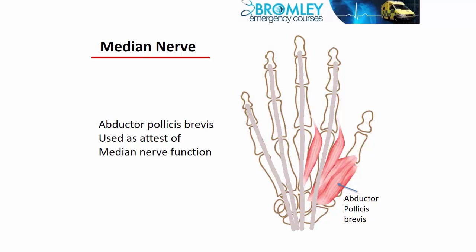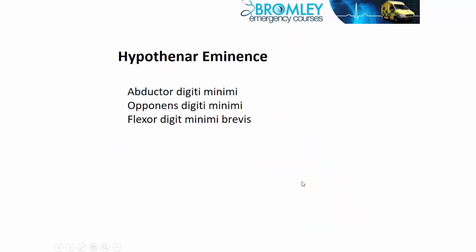When we want to test the median nerve, we put the hand flat on the table and ask the patient to point their thumb up towards the ceiling. In doing so, they're using abductor pollicis brevis, which is median innervated. And when we want to test the ulnar nerve, we put paper between the fingers and squeeze the fingers together, and that uses the interossei, which are ulnar nerve innervated.